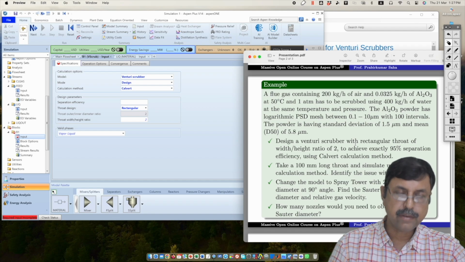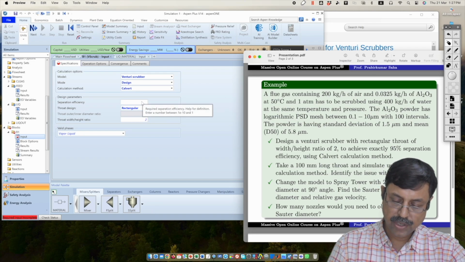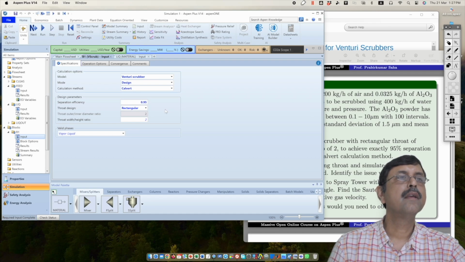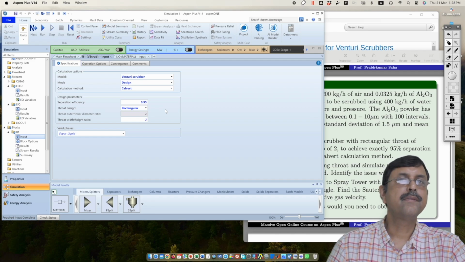Width to height ratio of 2 for rectangular, and separation efficiency we need 95%. Okay, so by giving this, all our information is set. So it is very straightforward, not much information needs to be given, and we can run it.